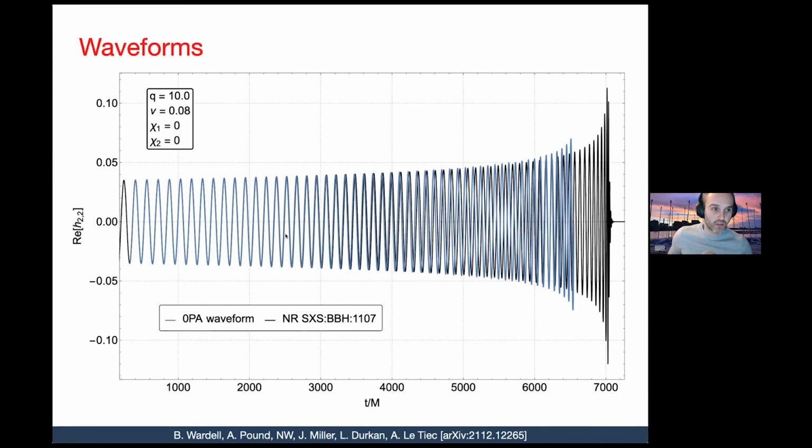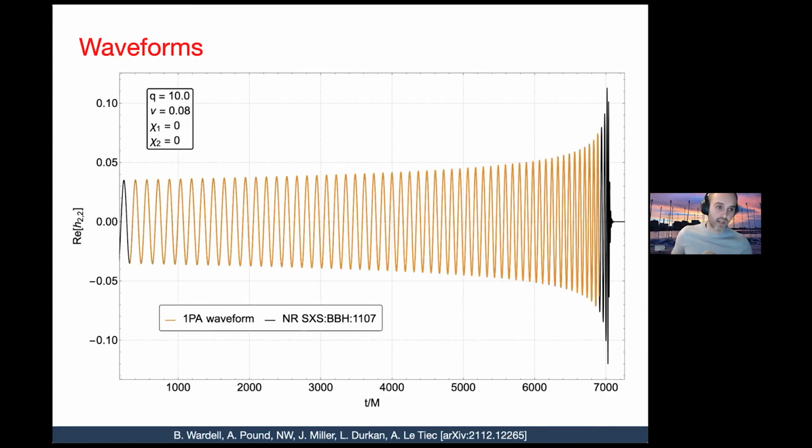But once you include the second order calculation, we now find that we agree beautifully with the numerical relativity result up until close to the merger, where, as I said, our current two-timescale approximation breaks down. So you get this really nice agreement with this numerical relativity simulation at a mass ratio of 1 to 10.